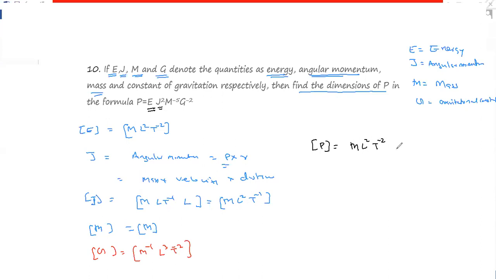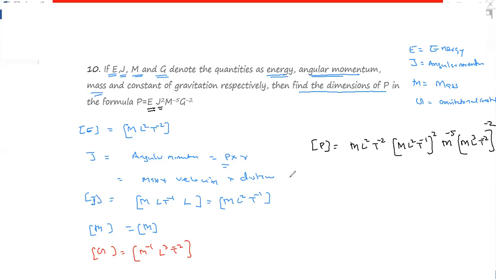We obtained it as M L square T raised to minus 1, and it is squared. M is mass, right? M raised to minus 5. G raised to minus 2, so into M raised to minus 1 L cube T raised to minus 2, whole raised to minus 2.